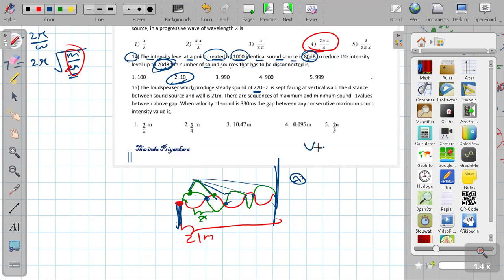So your answer should be V equals F lambda, so lambda equals V over F. V is, what is it? 330 divided by 220, which is 3 over 2 meters. Answer is here.